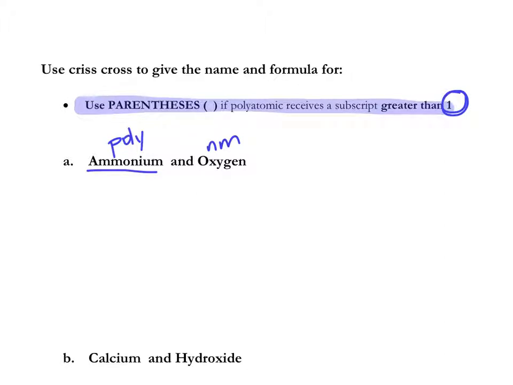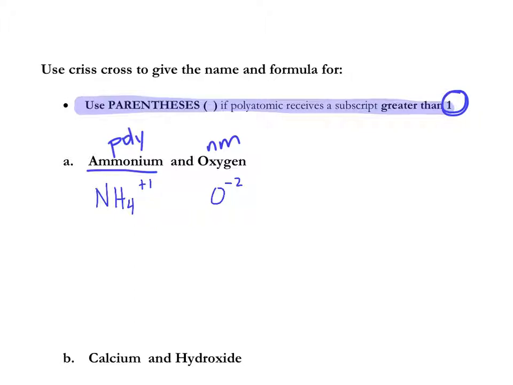It's the second polyatomic ion listed, and the formula for ammonium is NH4 with a +1 charge. Oxygen, you'll have to look back on the periodic table on the front side. We know the symbol is O. Oxygen is in group 16, therefore it's got 6 valence electrons. It's looking to pick up 2 more. So when it does, it's going to become charged with a -2.